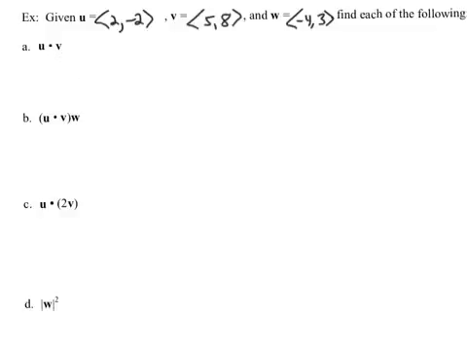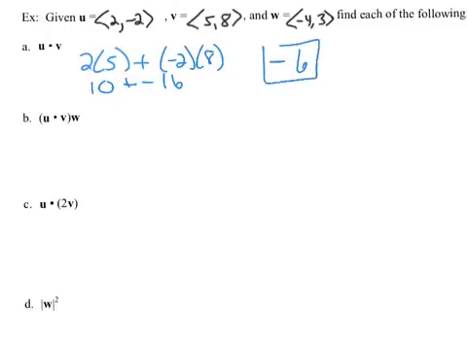So u dot v is going to be 2 times 5 plus negative 2 times 8. So don't make this complicated. It's really quite easy. So this is 10 plus negative 16, which is negative 6. Remember, when you take the dot product, you get a scalar for an answer. That's not a vector anymore.